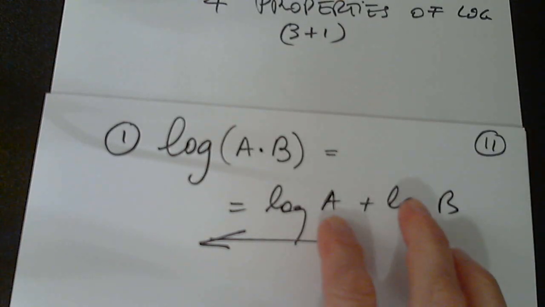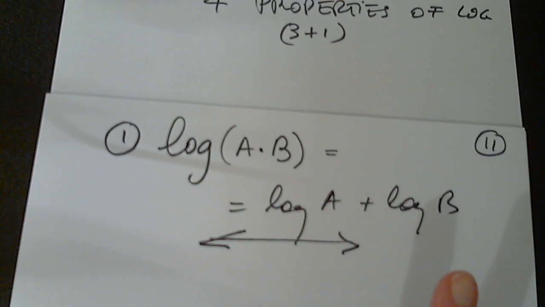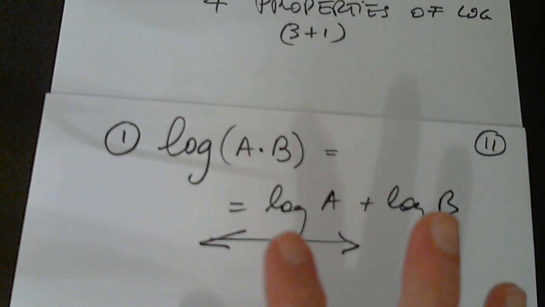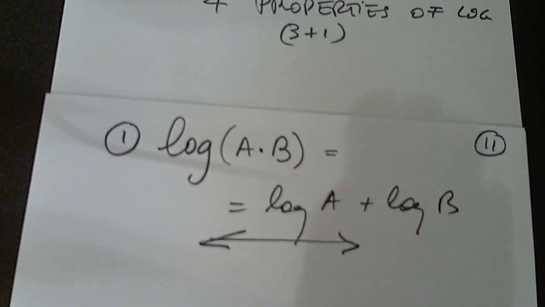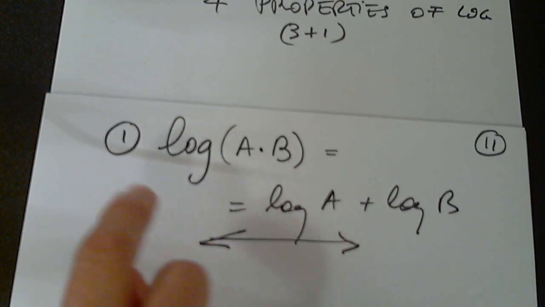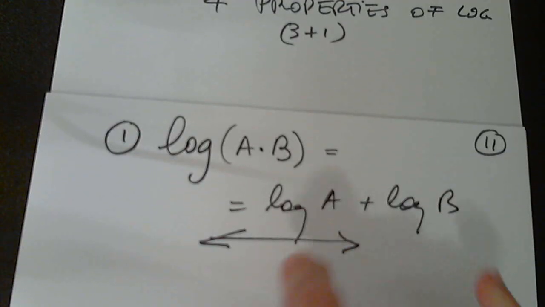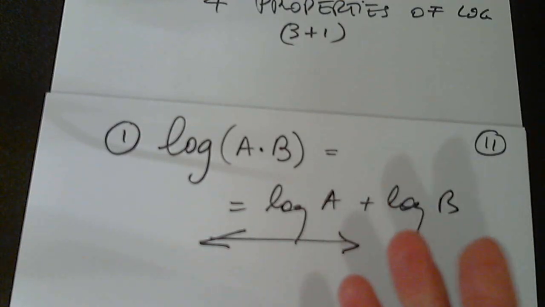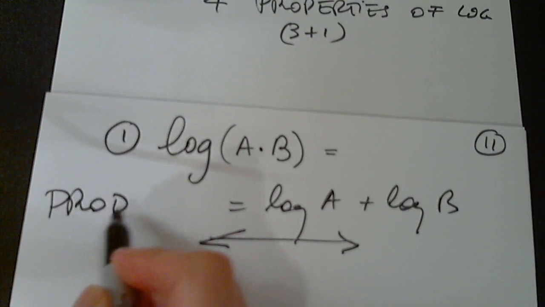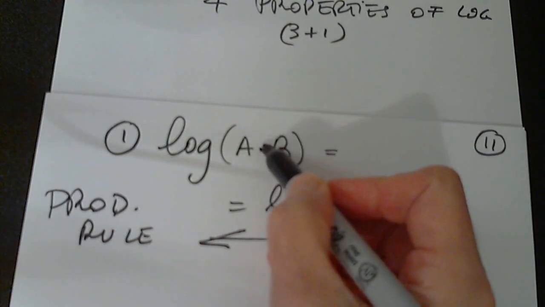If I have log of a, again, they have to have the same base. 5, 5, 5, 10, 10, 10, e, doesn't matter, but the same base. So log of a plus log of b is log of the product of these two. Log of the product is the sum of the two logs. What if I have 3 factors times c? Fine. Log of a plus log of b plus log of c. So this is called the product rule because it's a product.